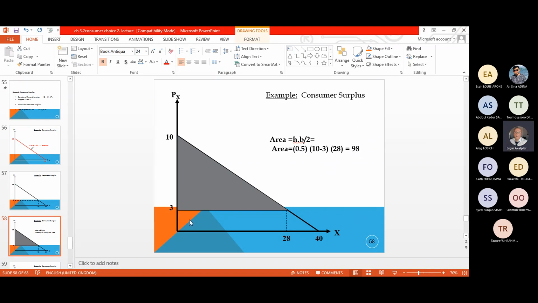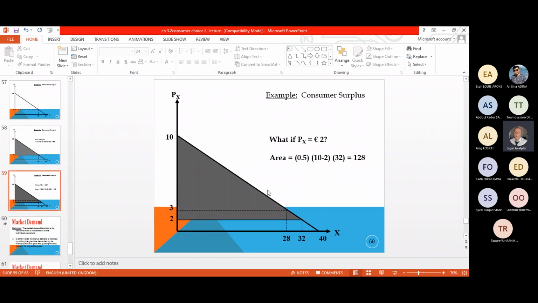Then you have to calculate this also. For the next slide, you are going to calculate the rest. As you see, you first calculate this small triangle from 3 to 2. This gives you 10 minus 2, multiplied by 32, because it is the difference.